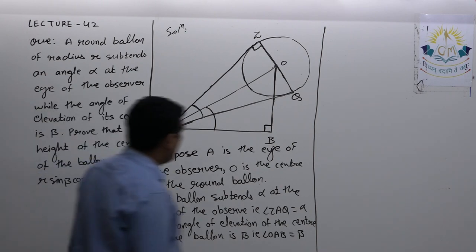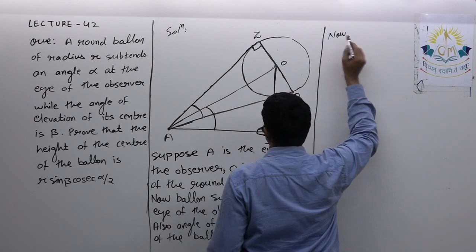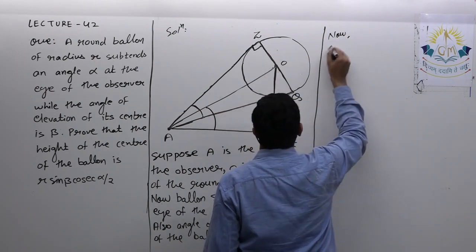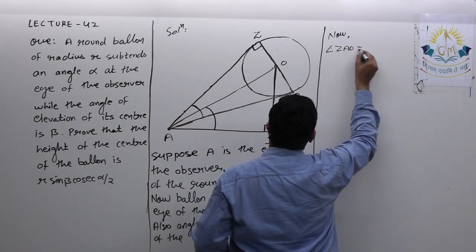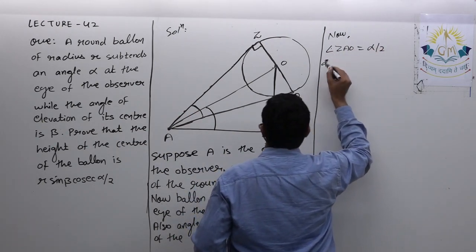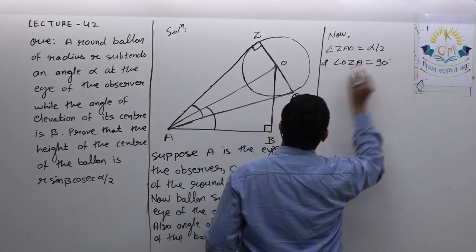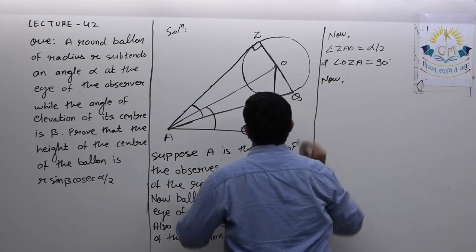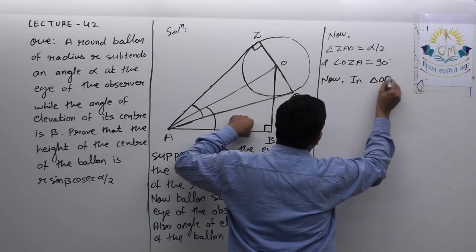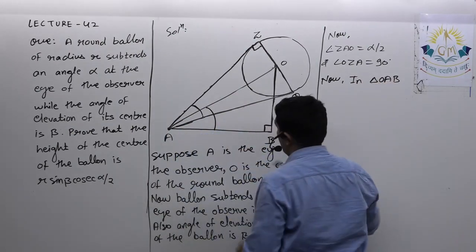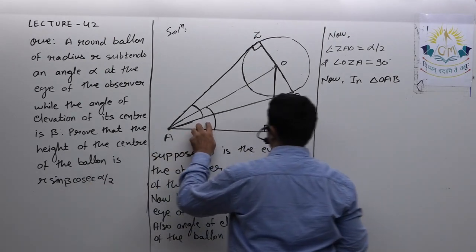Okay, so directly I will write the measure of the angles. Angle ZAO is equal to alpha by 2, and angle OZA is equal to 90 degree. Now in triangle OAB, see here this angle is beta, and beta is related in sine, so we'll go with sine.